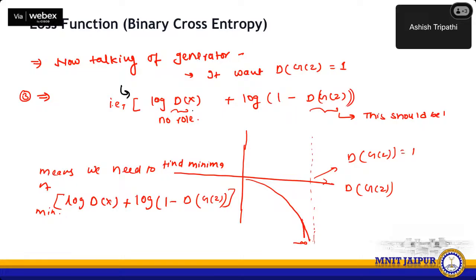So this portion, that is part A, doesn't have any role for the generator because it is totally dependent upon the discriminator. This component is actually dependent on the generator. So what will the generator want? Can anyone tell me what the generator wants D of G of z to be equal to?